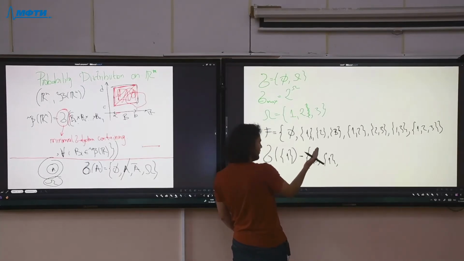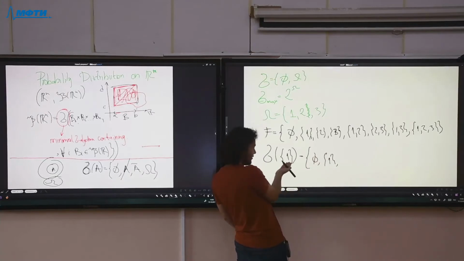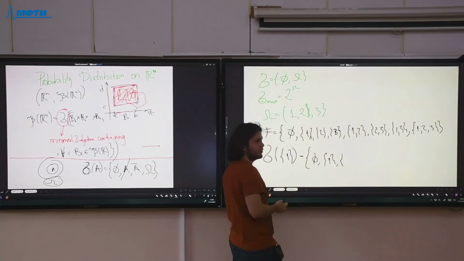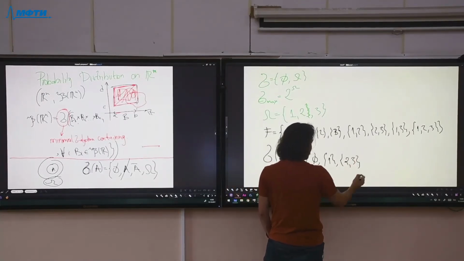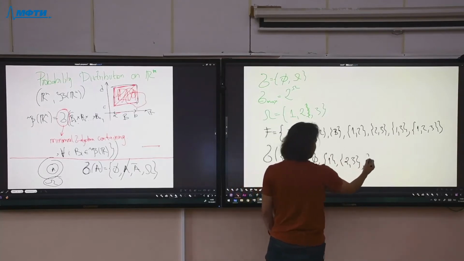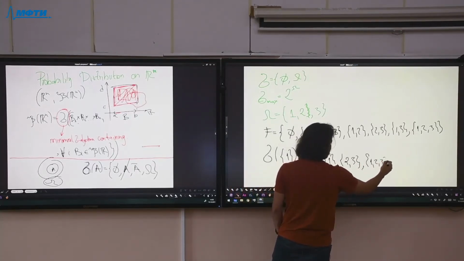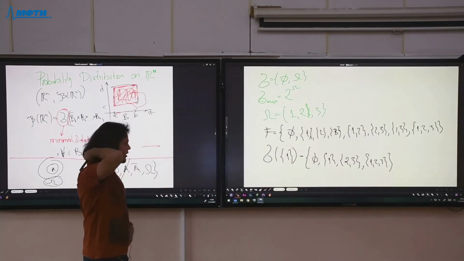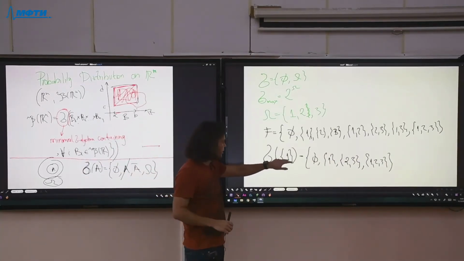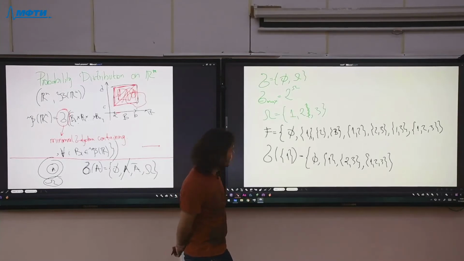So we have the empty set, we have the set, we need the complement of this set. What is the complement of this set? And omega itself. So this is the minimal sigma algebra generated by the set 1, right?